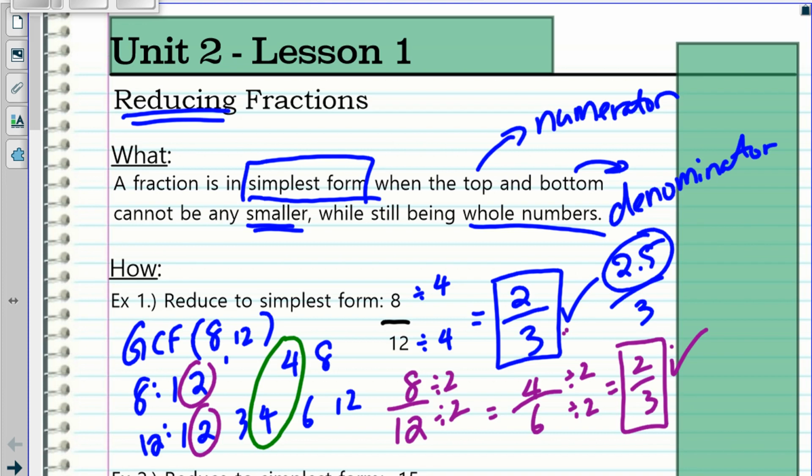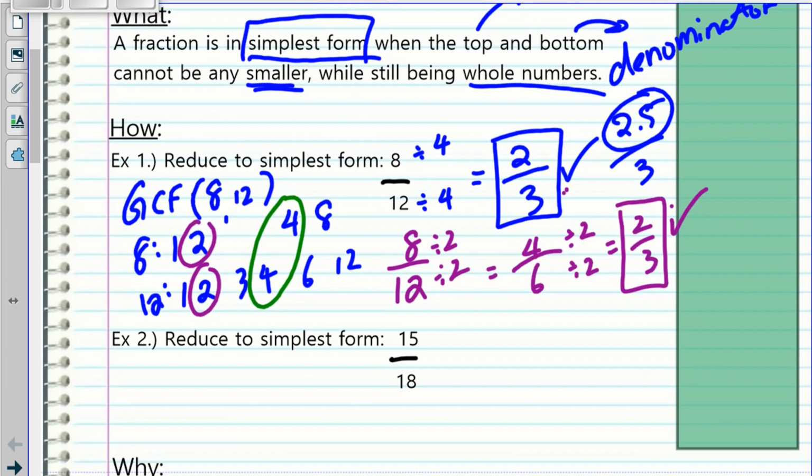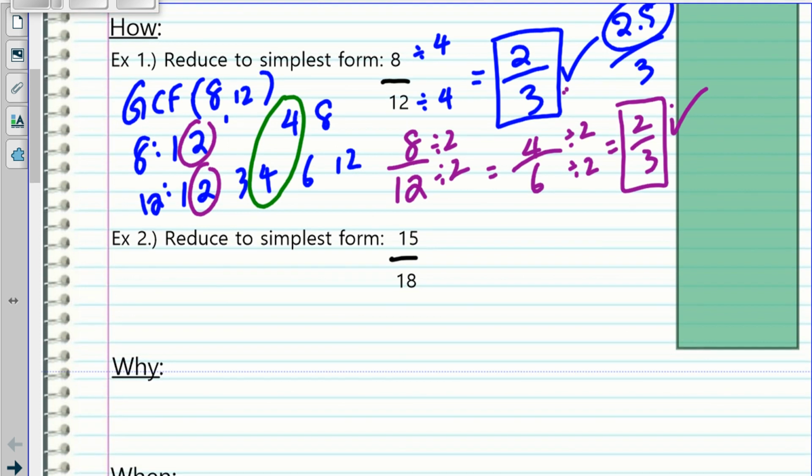Whatever helps you get to the end, here or here, you're good to go. Okay, now let's take a look at number 2. Same question, right? We have to reduce 15 over 18. At this point, we know that the greatest common factor between these 2 is 3, and that's that.